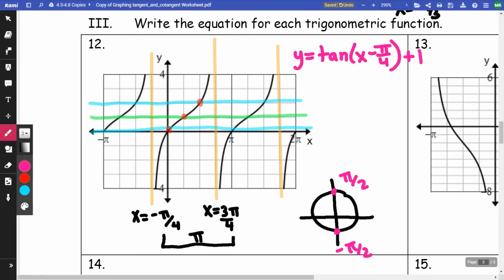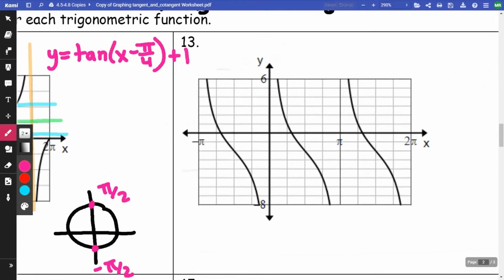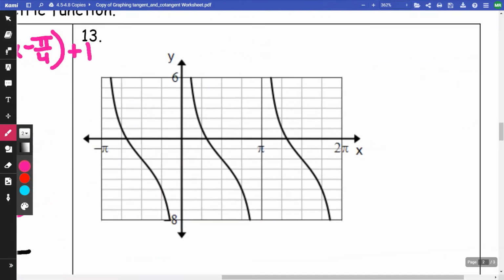On number 13. So for this one, again, let me just draw in my asymptotes here. So it looks like I have one here at 0, at pi, at 2 pi, okay?